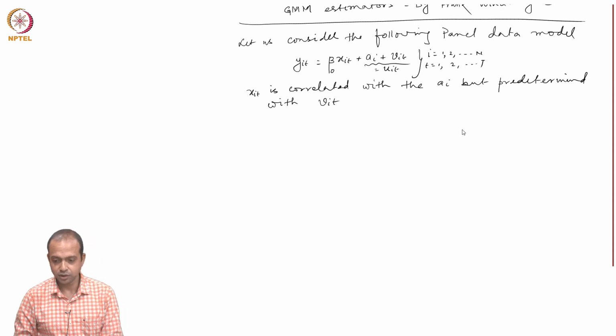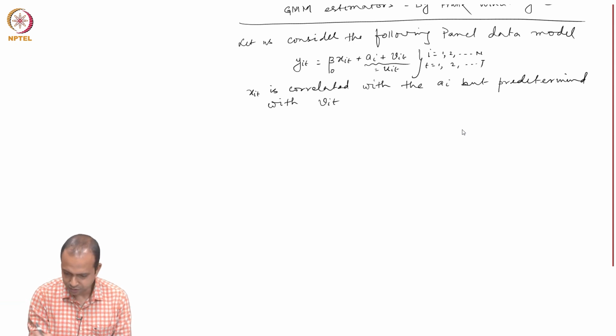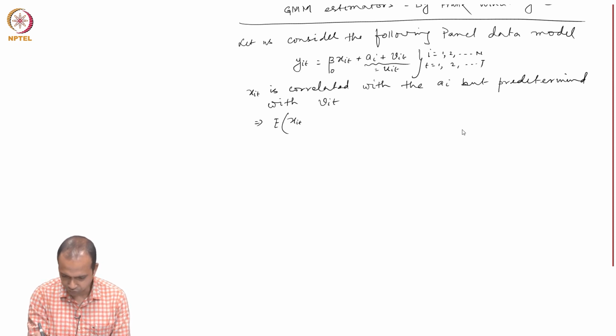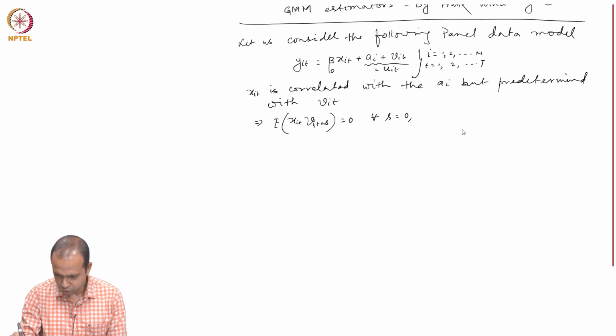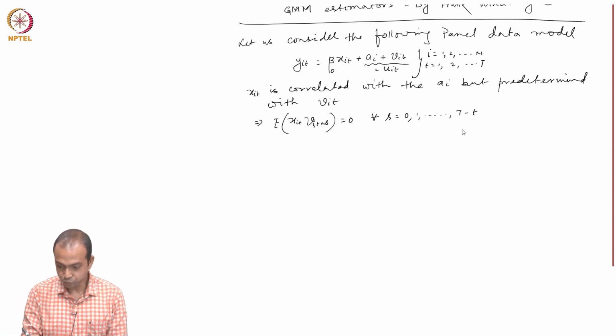What does it mean? It implies expectation of x_it and v_i,t plus s equals 0 for s equals 0, then 1 to T minus t. Now, if we put s equals 0, that means expectation of x_it and v_it is 0.